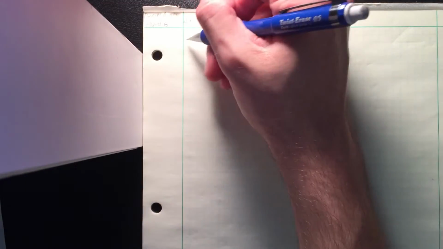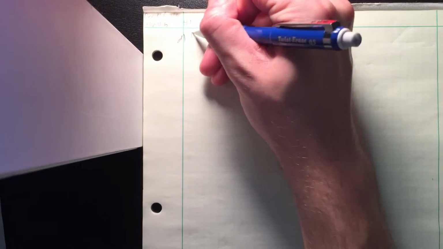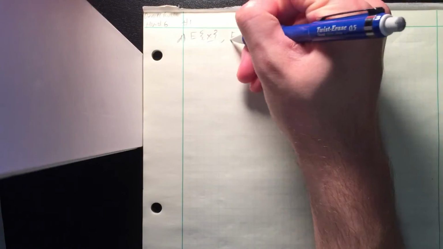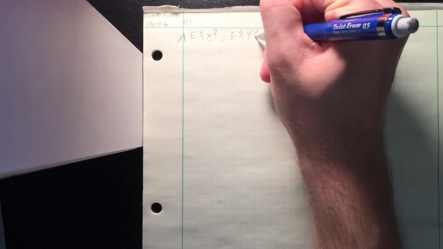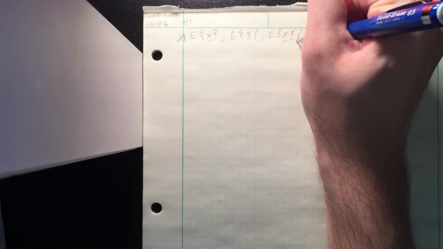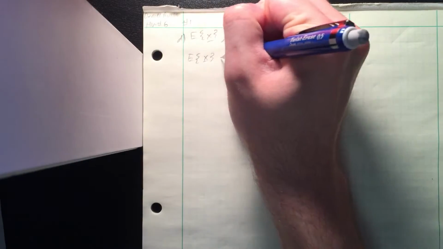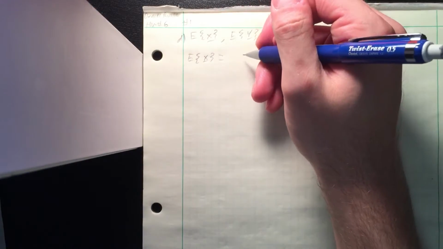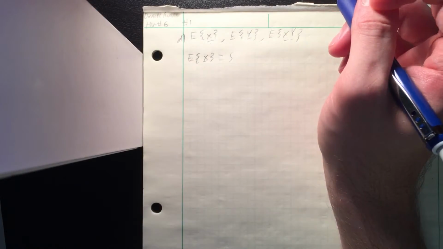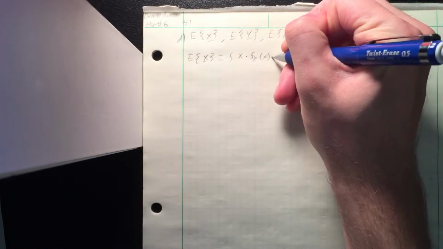So for part D, we're asked to find the expected value of X, the expected value of Y, and the expected value of XY. So this, simple enough, is equal to the integral of x multiplied by f(x), the marginal density, dx.